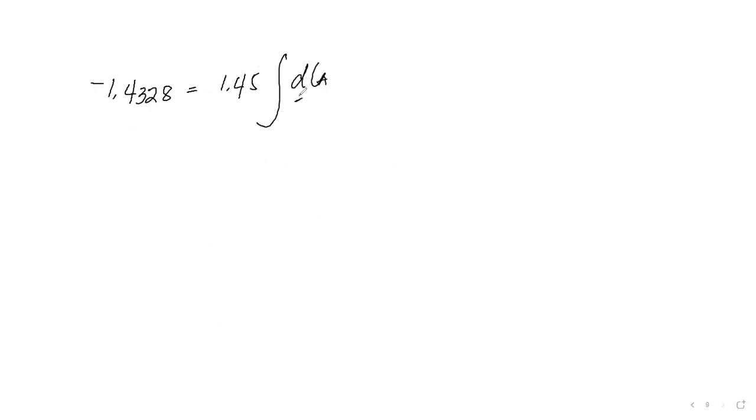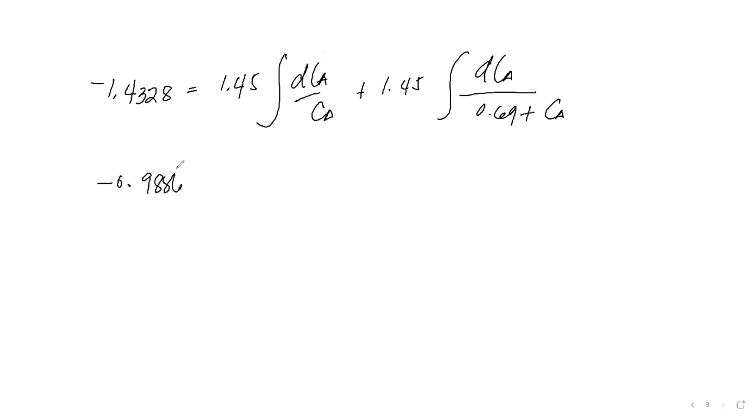So dCa over Ca plus 1.45 dCa over 0.69 plus Ca. Now, since we have 1.45 and 1.45 here, we can transfer it in here. That should give us negative 0.9886.